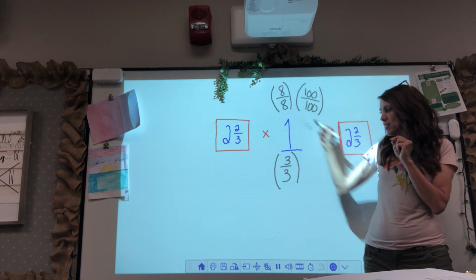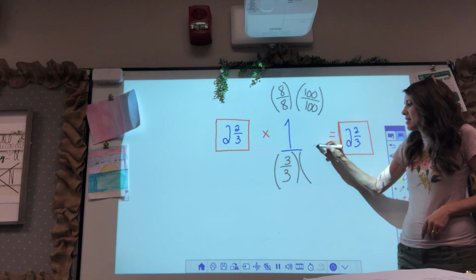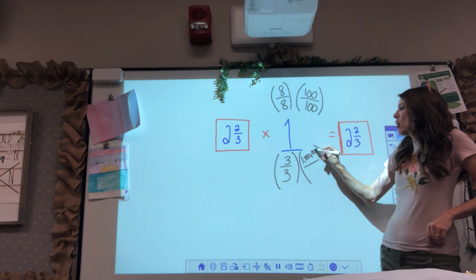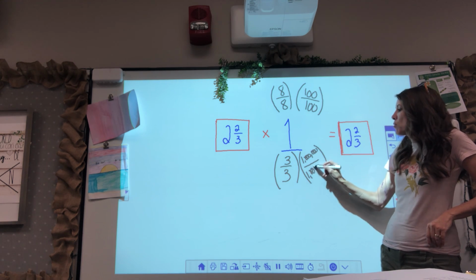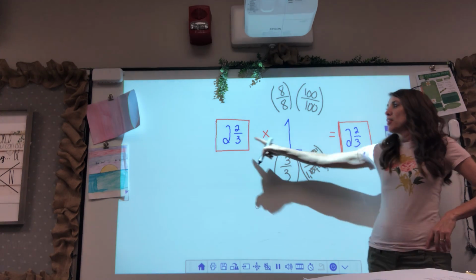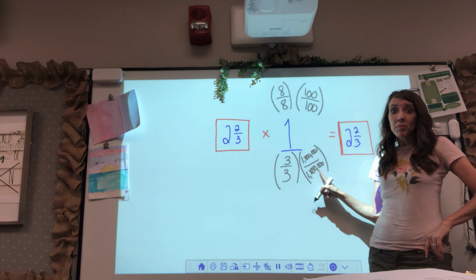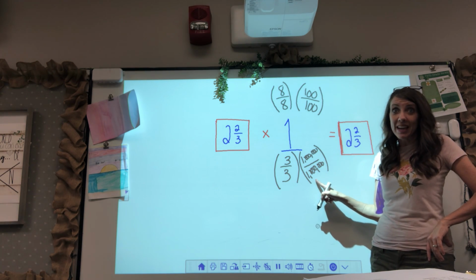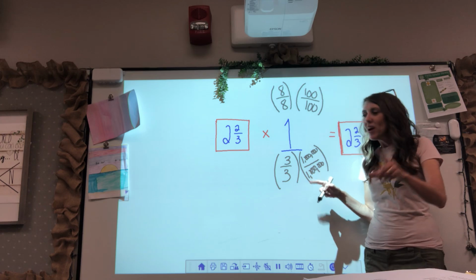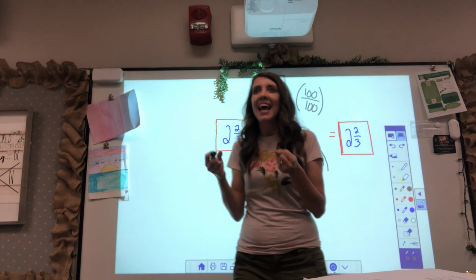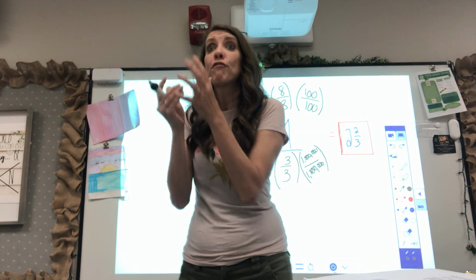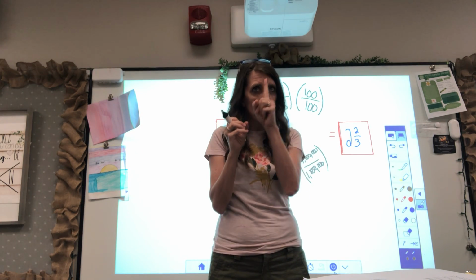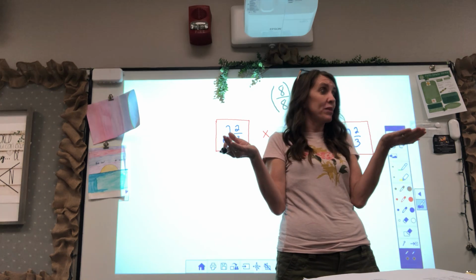Give me another one. 1 million over 1 million. This number times 1 million, 1 millionth equals itself because 1 million, 1 millionth is really one whole. So anytime you take a fraction times a whole fraction, which is a fraction that equals one whole, it's going to be equal to itself.